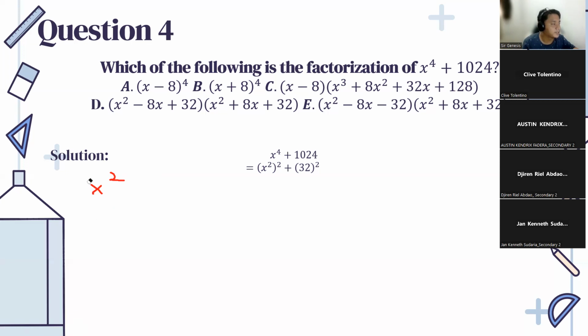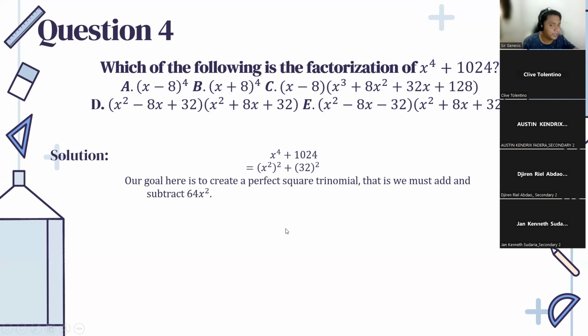So in this case, what we did is we tried to add 64x squared. Now, if you try to add 64x squared, then you must also subtract 64x squared in order for the whole expression to have, of course, its original value. Now, why 64x squared?